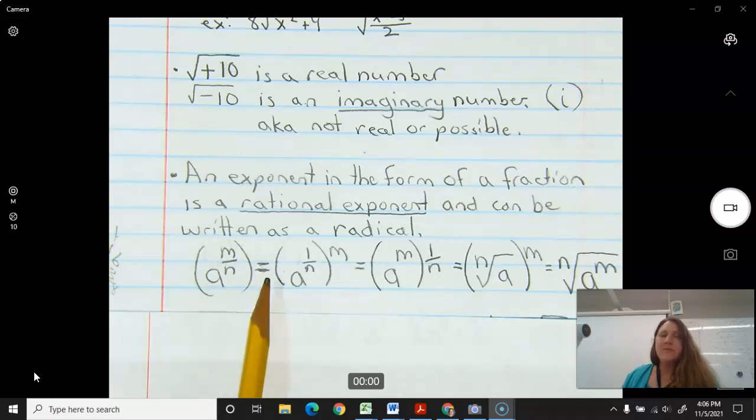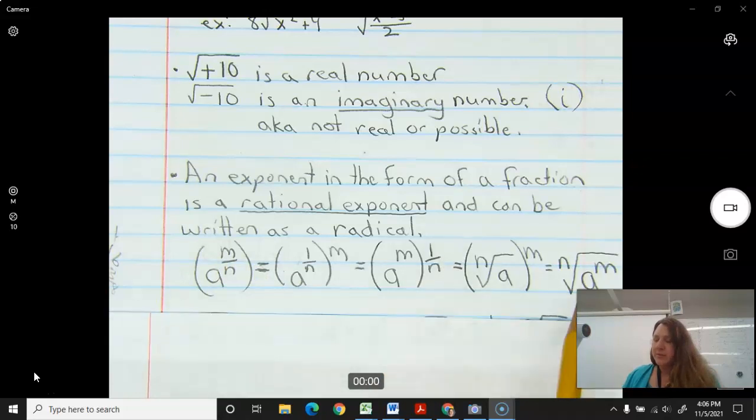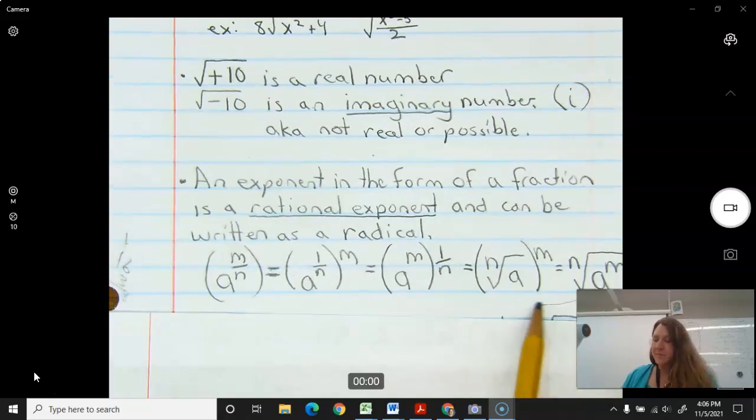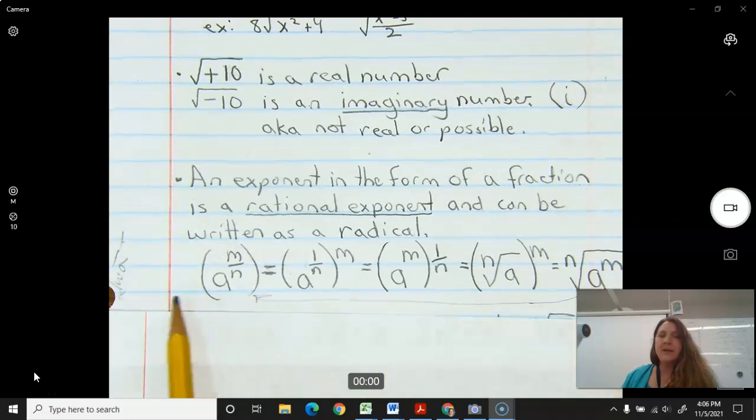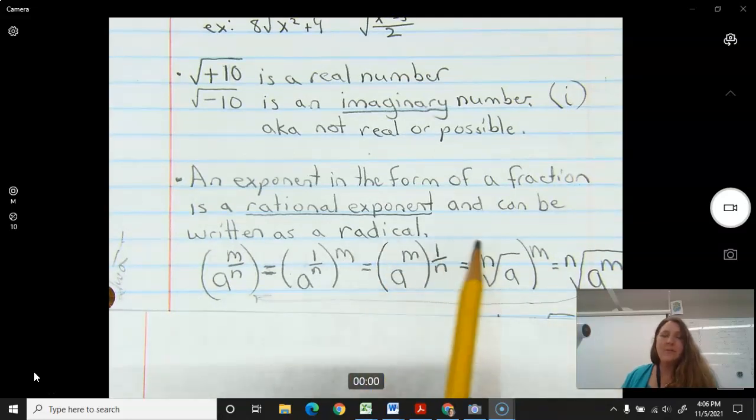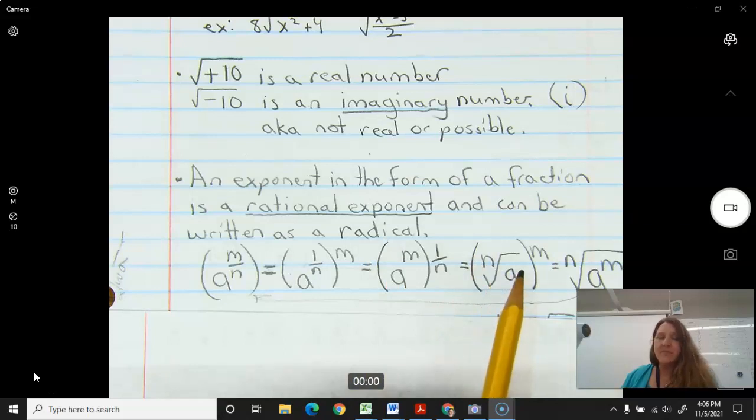So they look a little confusing at first, but what's important to note is that this here is the same thing as this guy over here. And once you start making that connection and recognize that, these are just, again, different ways of writing all the same format.